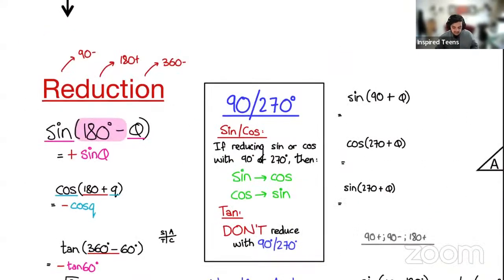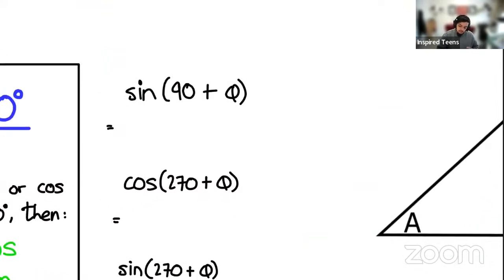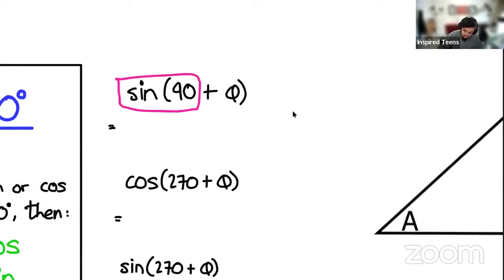Let's do some examples. So we have sine of 90 plus theta. In this case, the first thing we should note is that we have sine 90. We have sine and it's being reduced with 90.